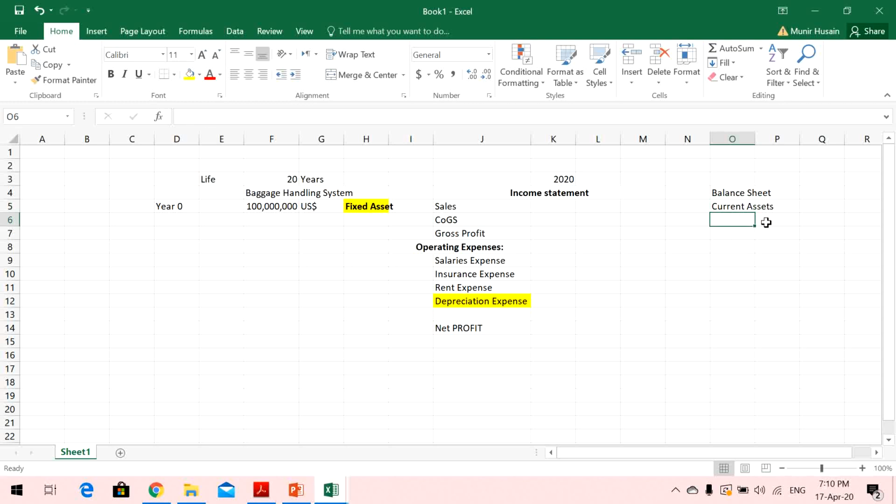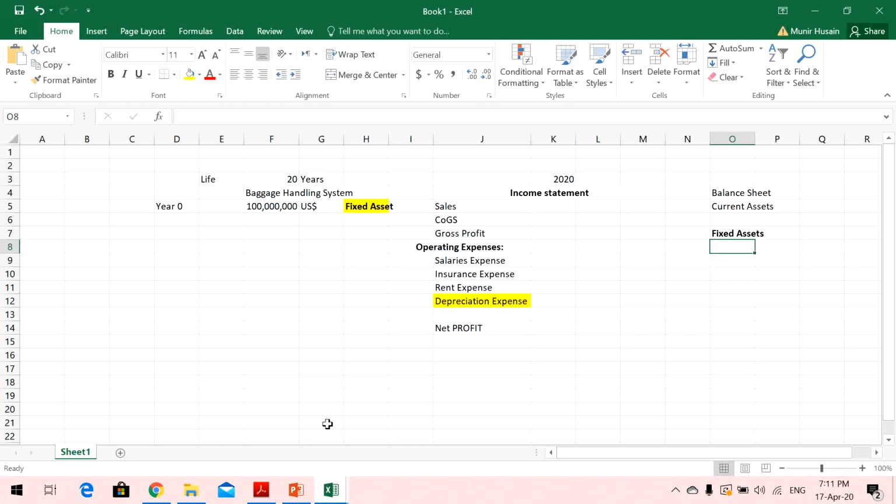Then we also have fixed assets, right? Those assets whose life is long, and the benefits may come in more than a year. This is what we call fixed assets. And one of the fixed assets is this one, which is our baggage handling system, equipment, whatever name you give it, right?